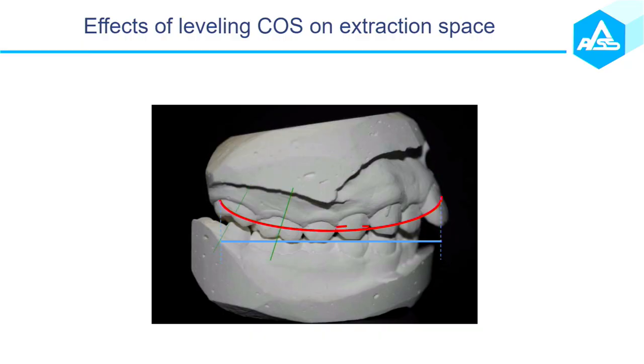If we do not level the curve of SPEE, like in past technique, we keep the posterior teeth in backward tipping angle. Then we can use this for anterior teeth retraction, right?